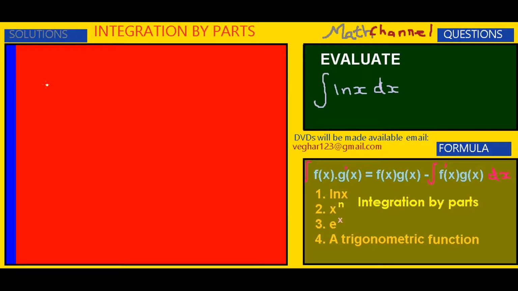To start, let's just write this as ln x dx. Because any number multiplied by 1 is that number, when we see x, we say it has a coefficient.